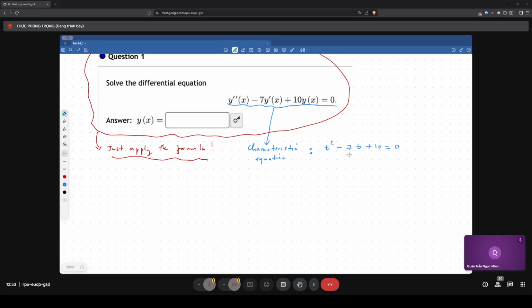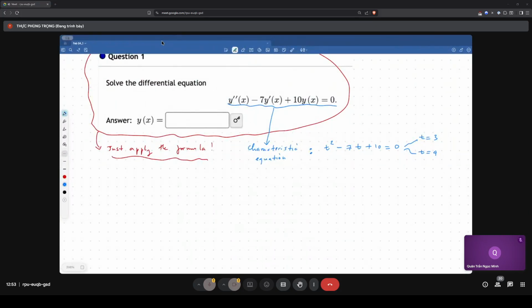If you solve this one, you get t equal 3 and t equal 4. You have two different real roots, 3 and 4. Let's go back to the formula. You can see in this example, we fall into the first situation, because we have two distinct real roots.